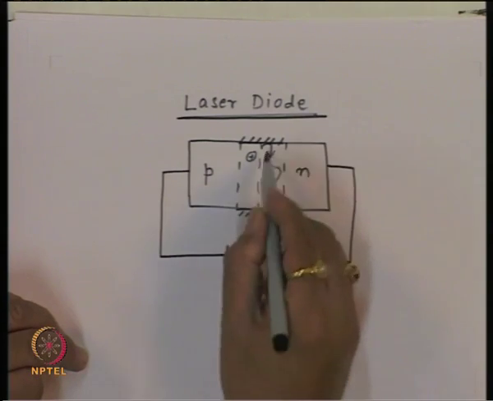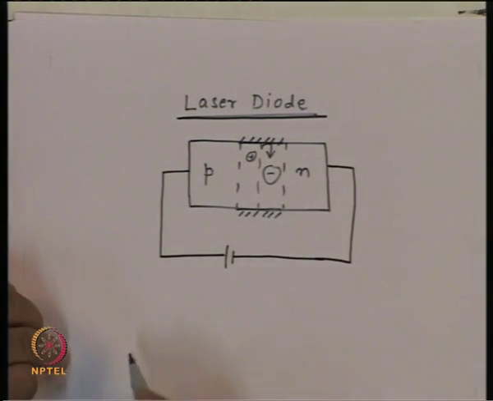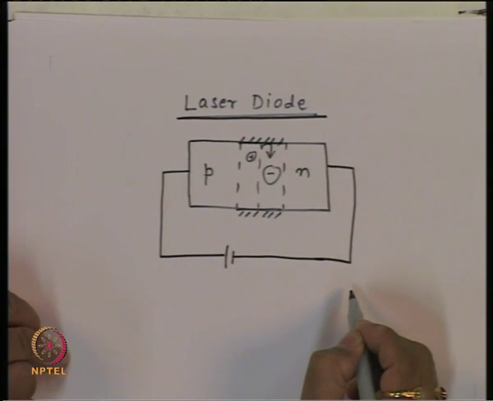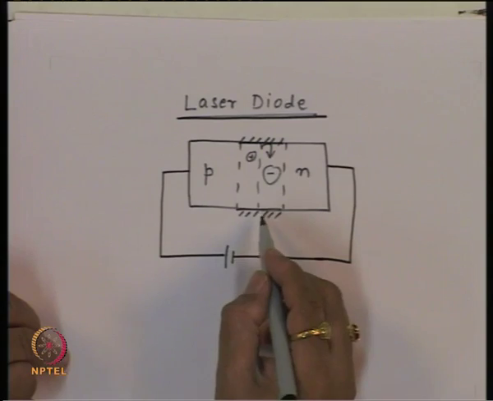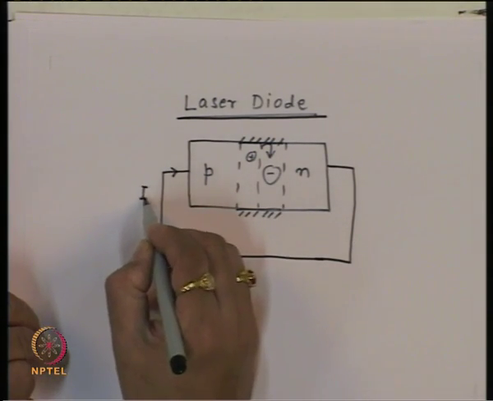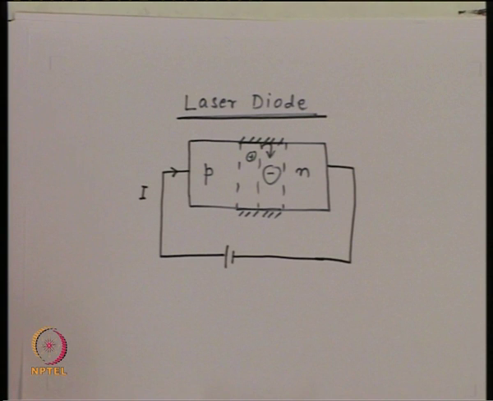We have done some polishing here, so photons are confined in this. We want to find out what the optical power is in relation to the current I which is flowing inside this device. So, we can get what is called the output characteristic of the laser diode, which will look something like this.